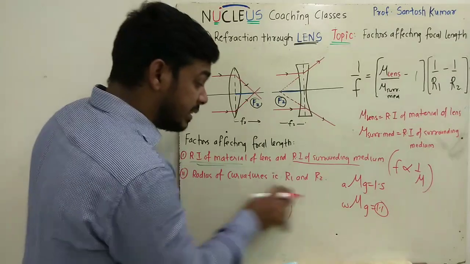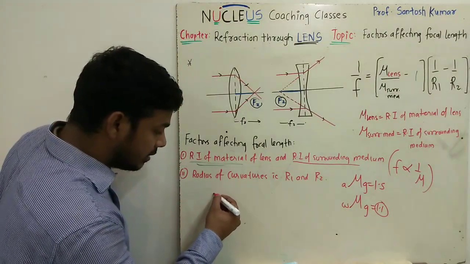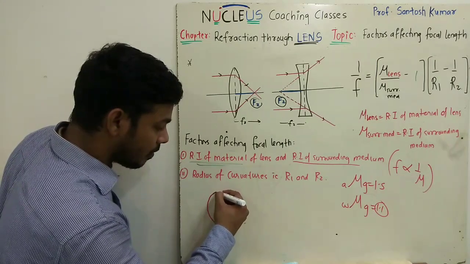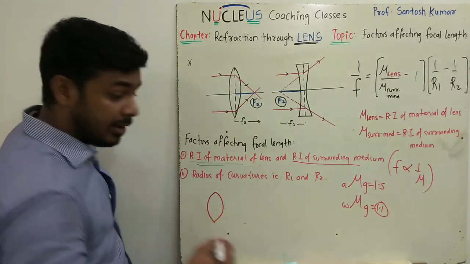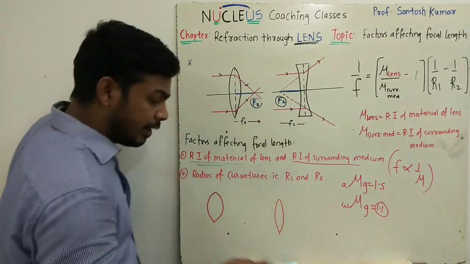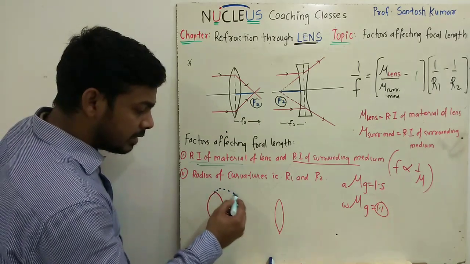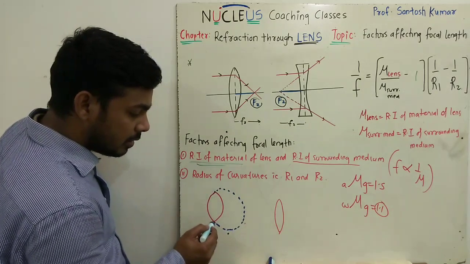Remember thick lens and thin lens. This is a thick lens, and this is a thin lens. If I talk about a thicker lens, can I say a thicker lens is a part of a smaller sphere?